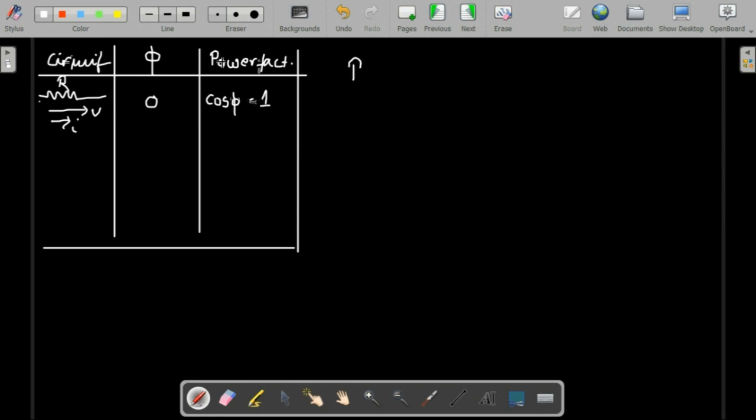That if you're basically writing down the average power, I write it down as VRMS into IRMS into power factor, which is 1. So that means we're going to get maximum power. Okay, maximum power is possible when we are basically considering a resistive circuit.